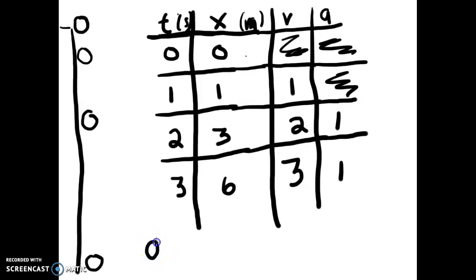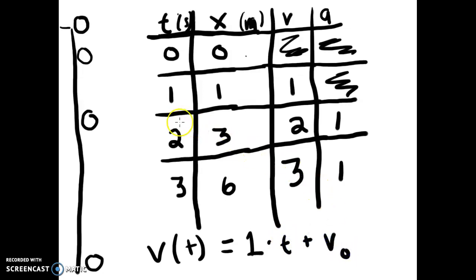Okay, so the acceleration equation of motion is the easiest one to figure out. If you remember, it was a of t equals a. Well, in this case, a is just 1. So we figured out our a of t just by looking at the constant acceleration. v of t, we'll remember, is a, and we already know a was 1, so let's write that, times t plus v naught.